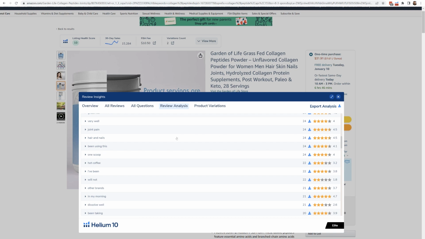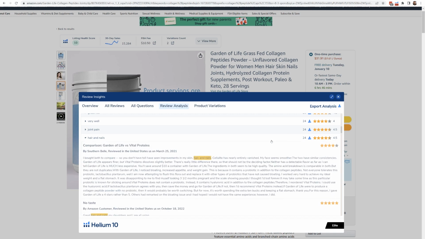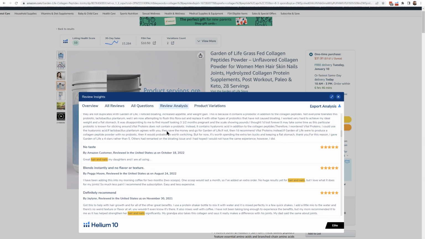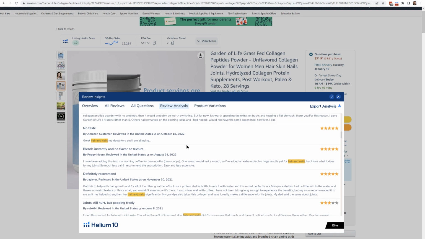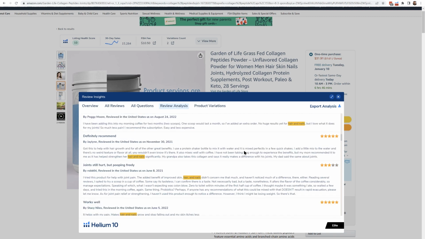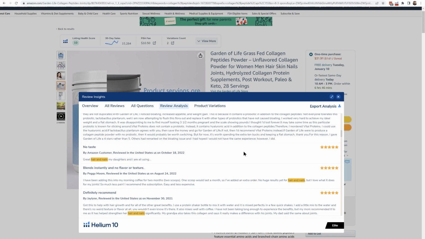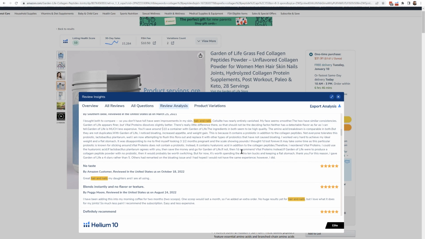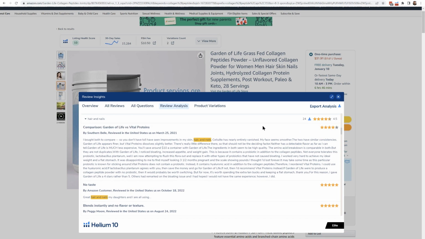And look at this. Here, hair and nails has a 4.5 star rating. So if I expand this out, I can see that people nonstop are talking about hair and nails and that it's giving them a good effect. And they're mainly giving 5-star reviews for this. So now I know that part of my listing and part of the way I make my product, I've got to make sure that my product is on point for hair, skin, and nails, because that's obviously important and something that will give me good reviews.